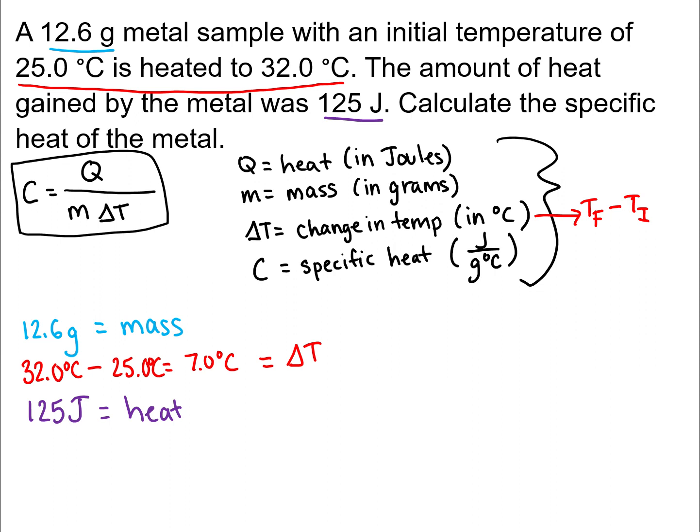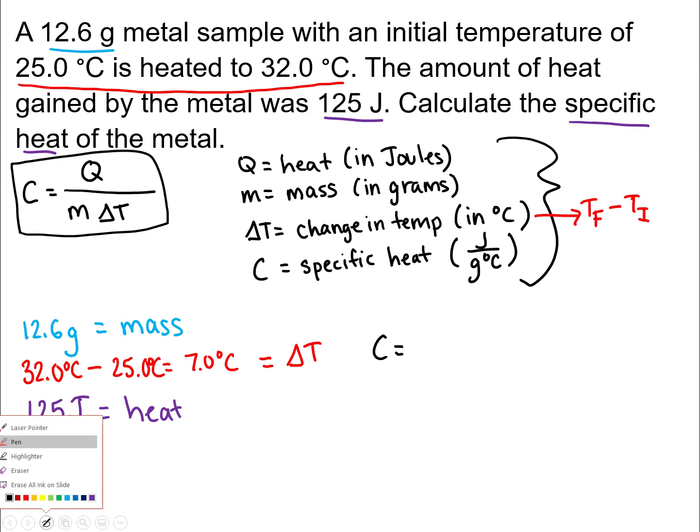We're told in the question, specific heat. But if that doesn't mean anything to you and you're like, wait, which one is that? Hopefully you can fill in some of the other variables and then you'll be able to solve the problem. We're solving specific heat.